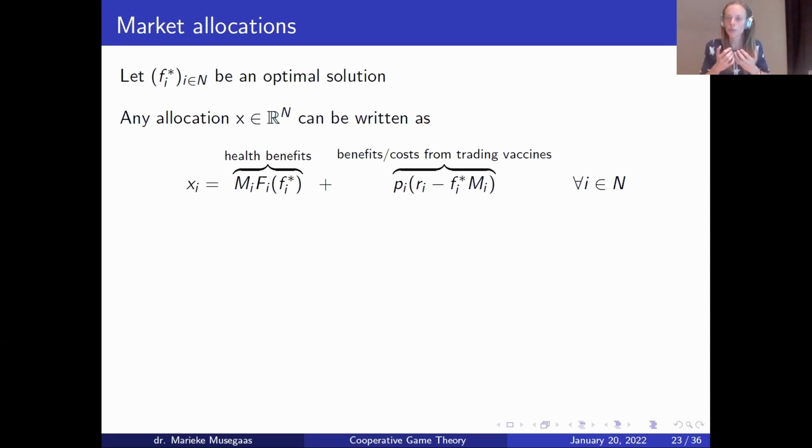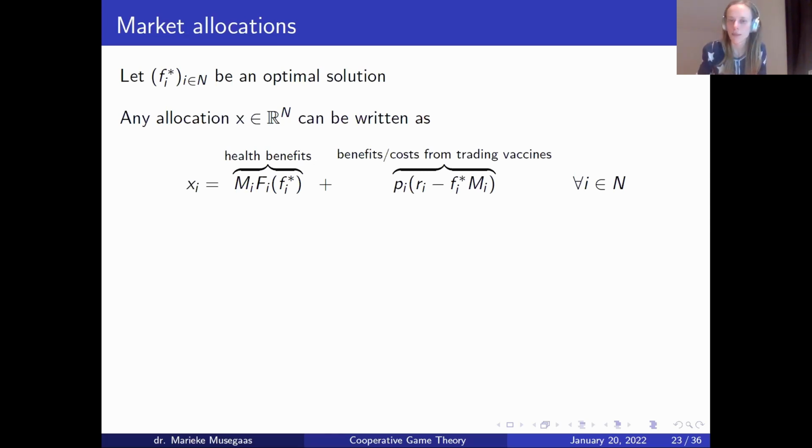If you buy resources, then this number becomes a negative number, namely the amount of vaccines that you buy, times the price. And the costs from buying the resources need to be subtracted from the health benefits in order to get your allocation.